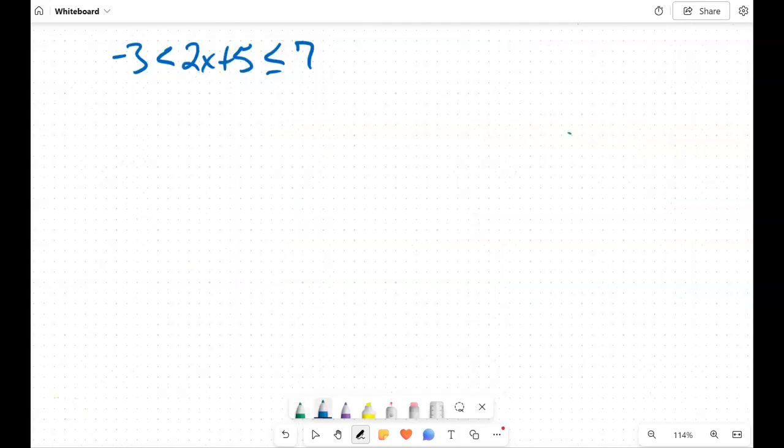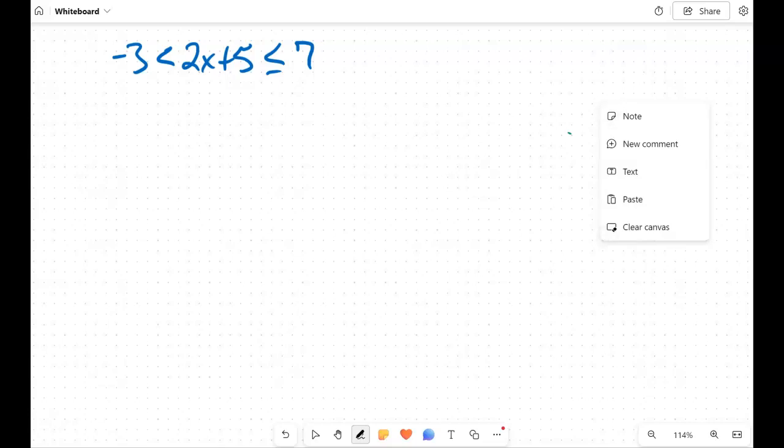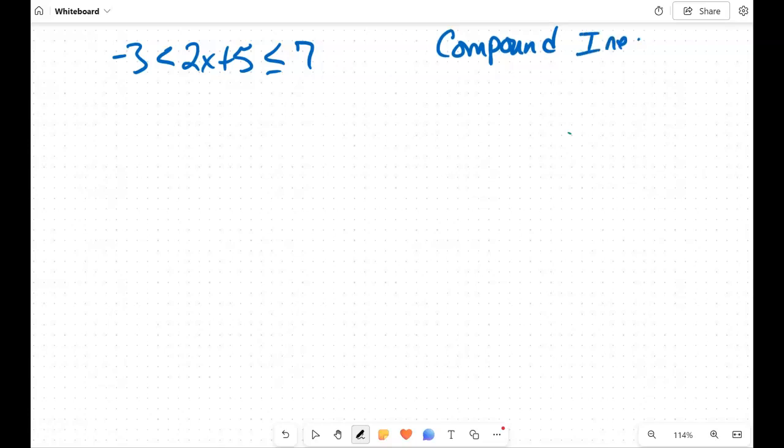Okay, so here we have what's known as a compound inequality. The reason it's called a compound inequality is because it basically has two different parts, two different pieces that are all part of the same problem. And to see this, imagine that the right side was not there.